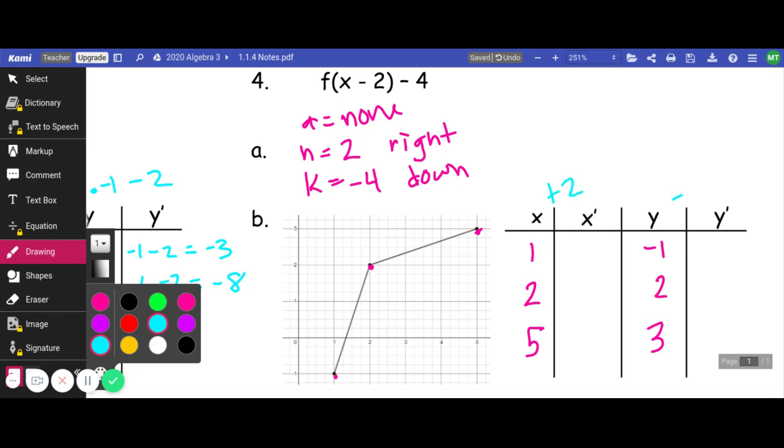Then you are going to subtract 4 for the K. So 1 plus 2 is 3. 2 plus 2 is 4. 5 plus 2 is 7. Here we're going to subtract 4, so that means it is going to be negative 5, negative 2, and negative 1.